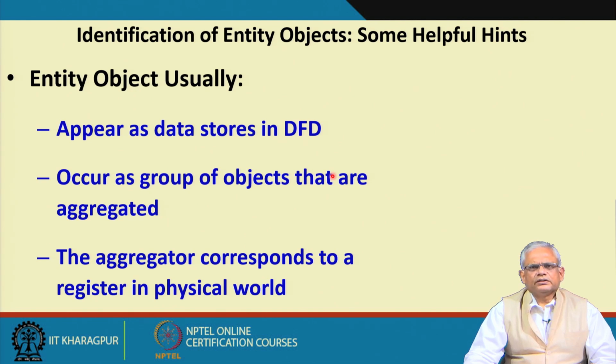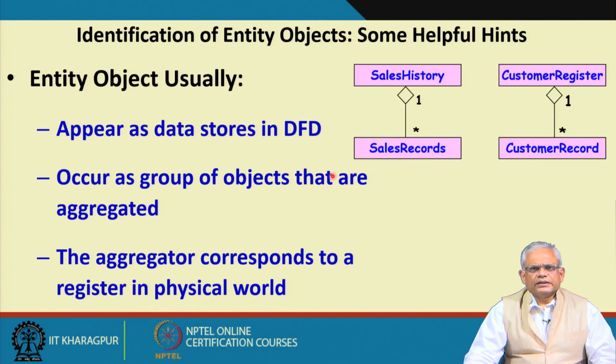Like in the library earlier, when it was manual, we used to have a library register where all the issue books etc. are entered, and also we had a book register in the library which identifies all the books that are available in the library. We can do a similar thing here.